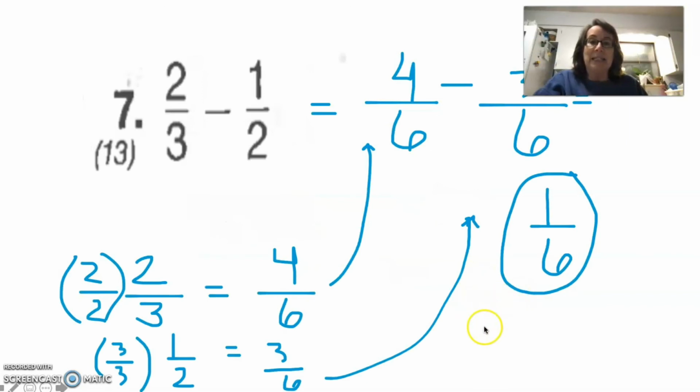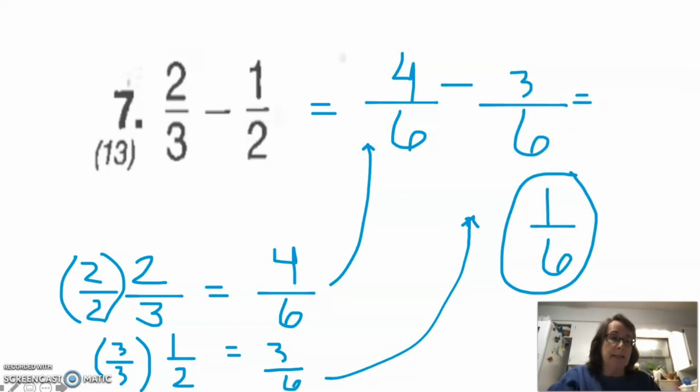The last problem. 2/3 minus 1/2. Okay, so we're going to have to turn each one of those into something with a 6 on the bottom. We'll move this down here. Okay, so 2 times 2 over 2 times 3. So we're changing this one. We wind up with 4 over 6, which we put right there.